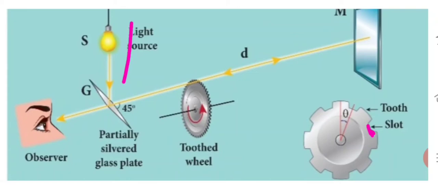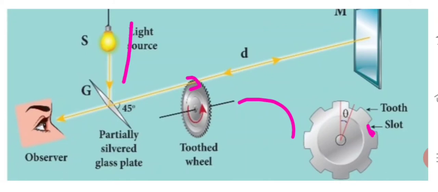Once it is incident on the mirror, it will get reflected back and the observer can see it, if it passes through the slot. Suppose it is rotating, and at the place where the light comes, a tooth arrives, what happens? It will not be reflected. It will not pass here, so the light will not come to us from the mirror.